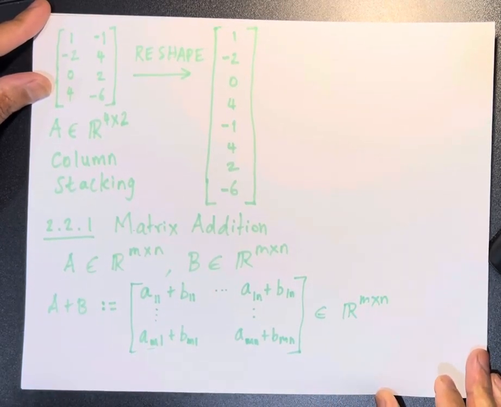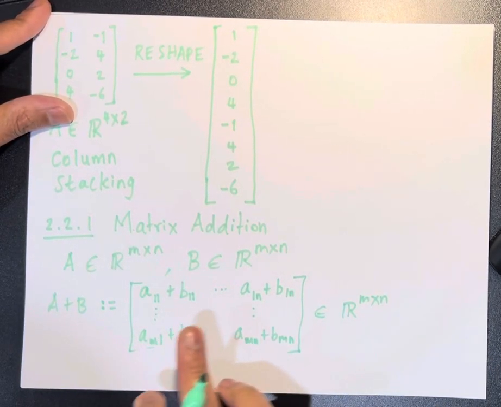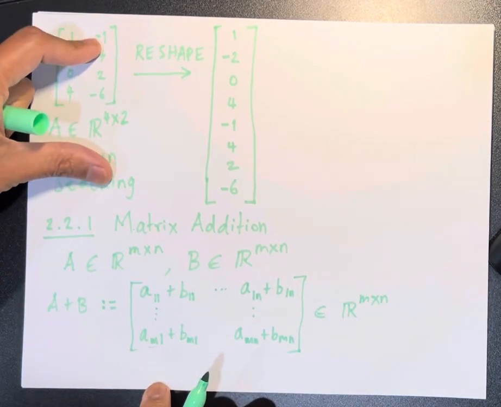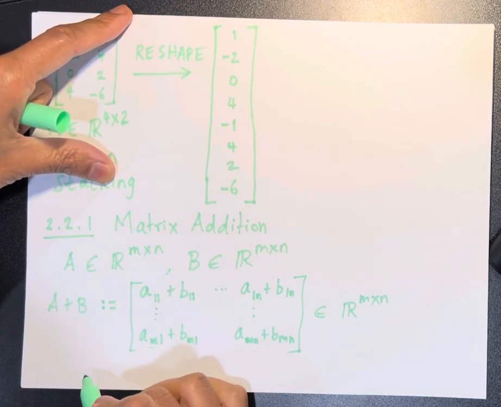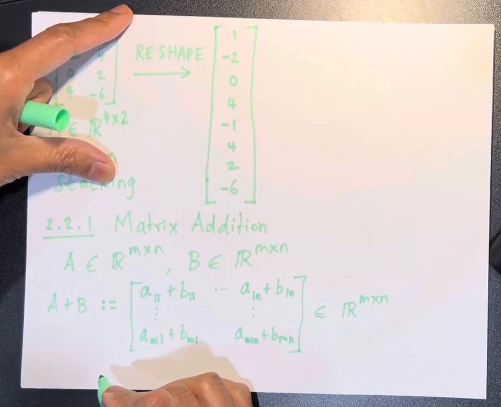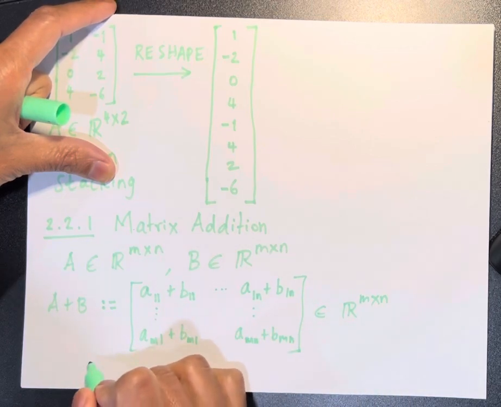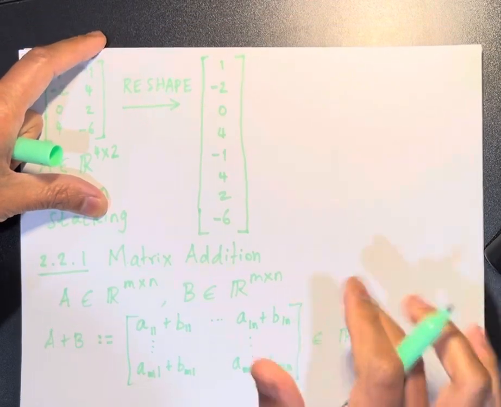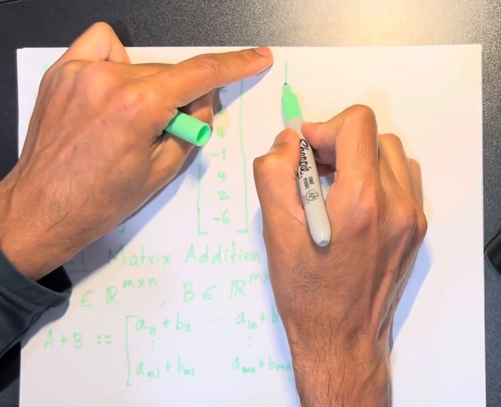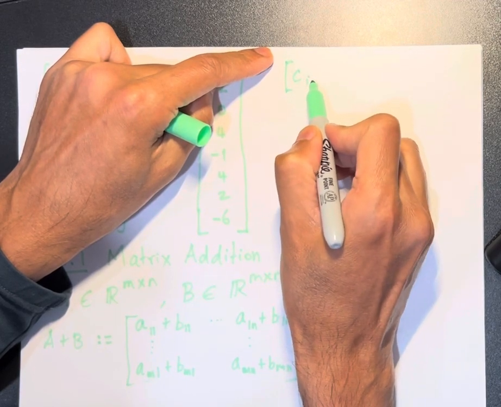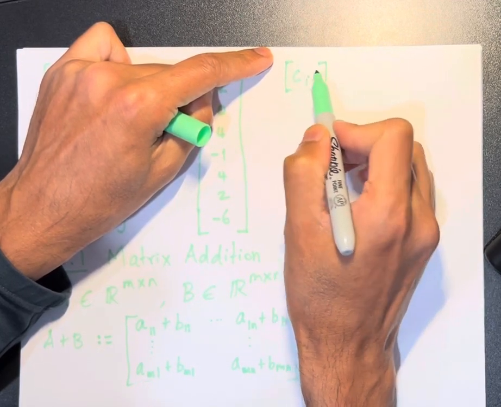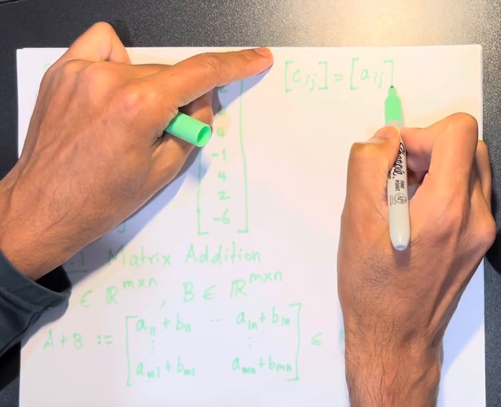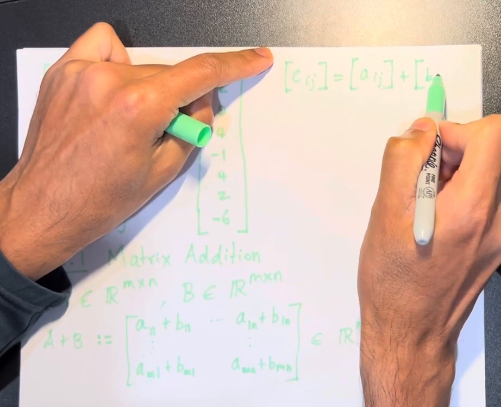That's just component wise. You take each component and then just add it up. So that's about it. Sometimes there is this alternate notation where they write lowercase c_ij equal to a_ij plus b_ij.